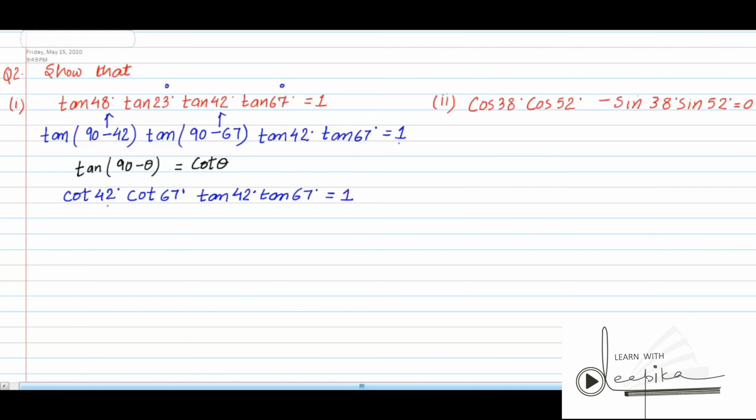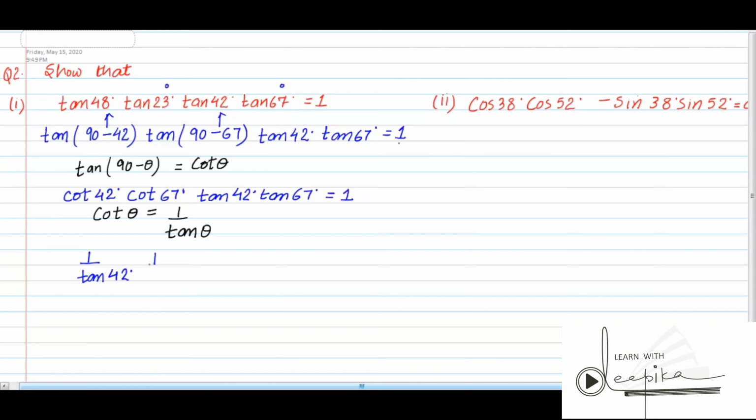Now student, we know cot and tan are reciprocal to each other, so we can write cot theta is equal to 1 upon tan theta. That's the formula, and using this formula we can write cot 42 as 1 upon tan 42 degree.